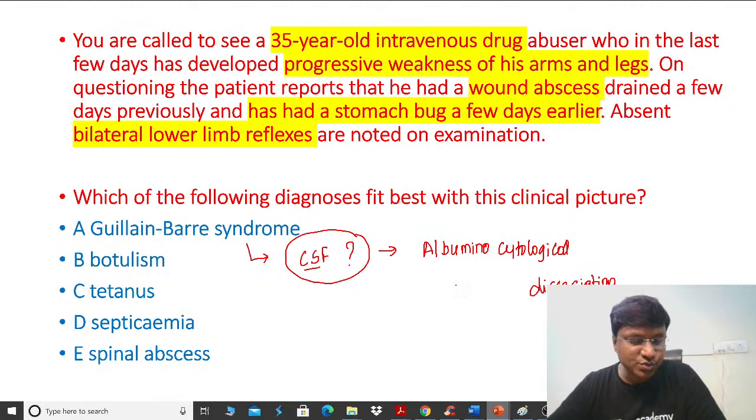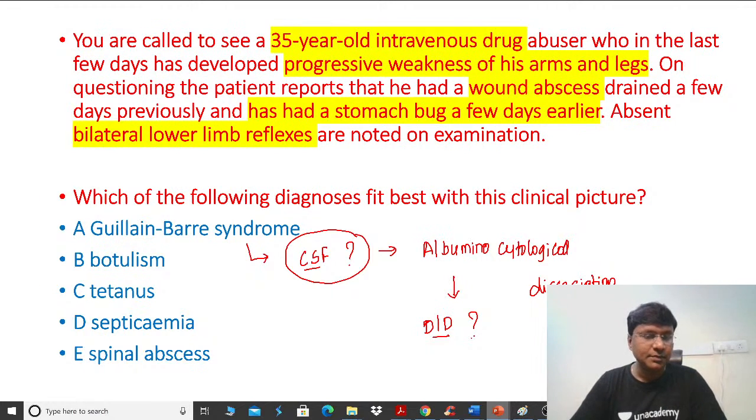So yes, good. Now tell me, what is the differential diagnosis for albuminocytological dissociation? Any one of you please? What is the other condition where you will have this albuminocytological dissociation apart from Guillain-Barré syndrome?